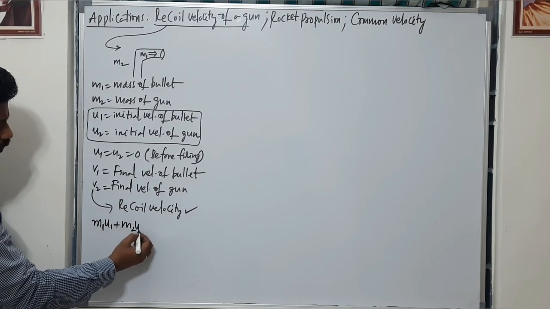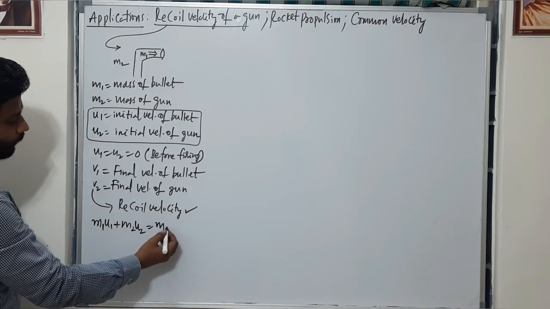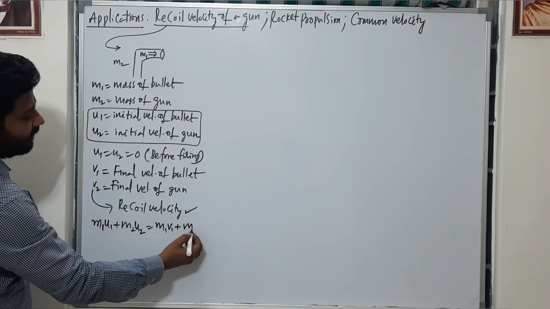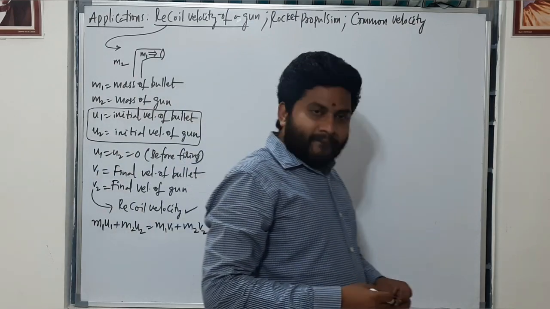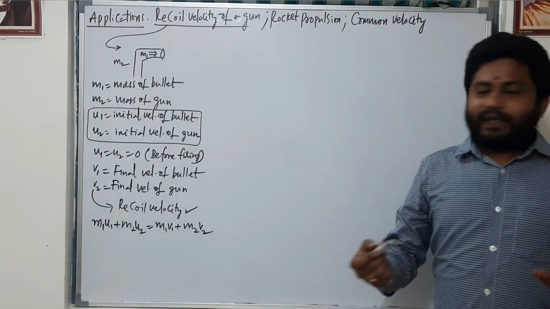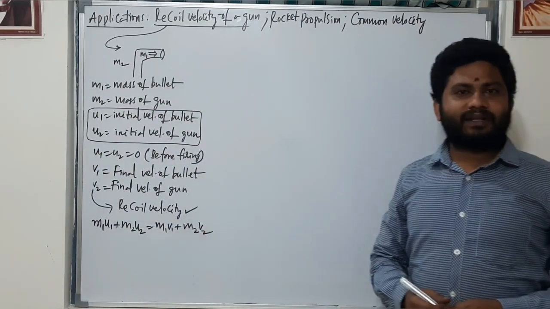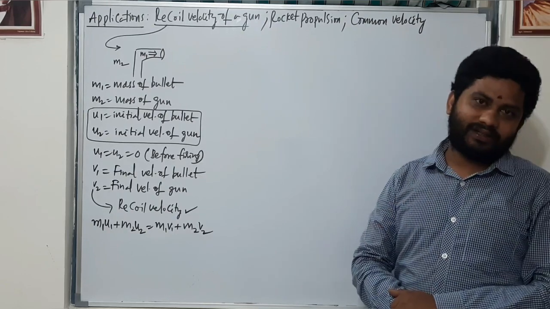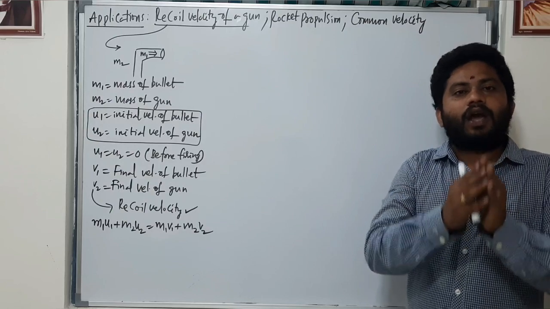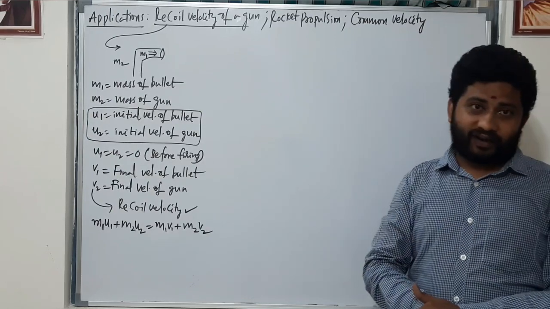m1u1 plus m2u2 is equal to m1v1 plus m2v2. Previously, while explaining the law of conservation of linear momentum, we had considered before the collision and after the collision. Here it will be just like before firing and after firing, right?